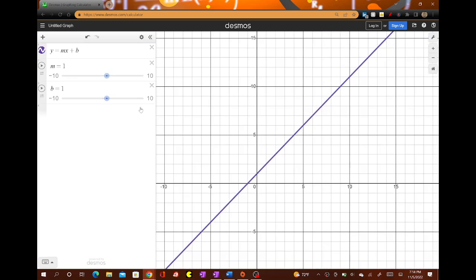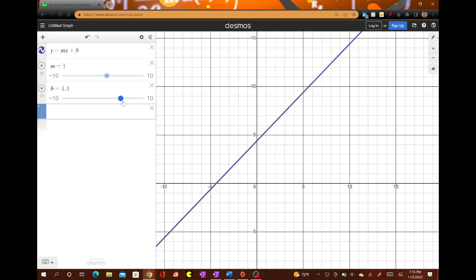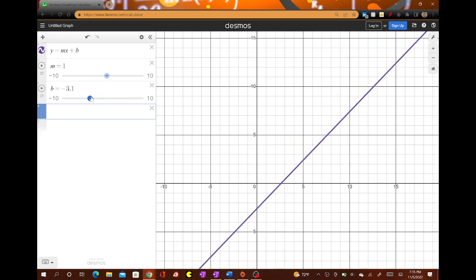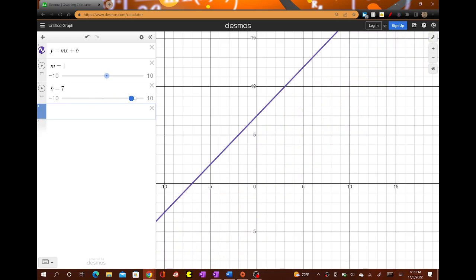So let's say we have this line of this form, y equals mx plus b, and then, for example, if m equals 1, it's going to be the same slope, it's just going to be a different y-intercept.